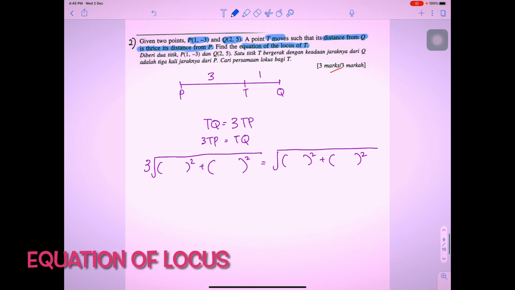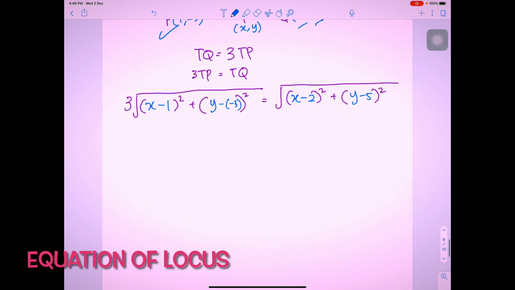Okay, P is (1, negative 3) and Q is (2, 5), and T equals (x, y). So for P, x minus 1, and then y minus negative 3, equals x minus 2, and the second one y minus 5.